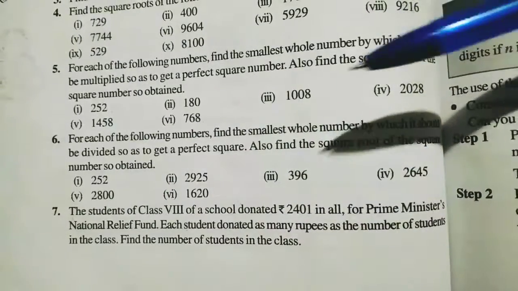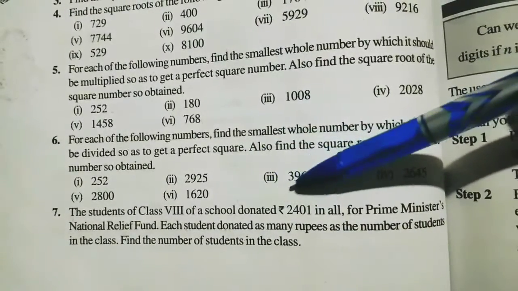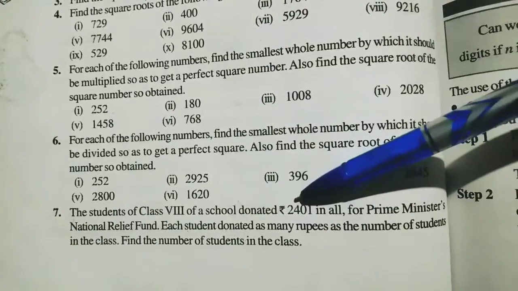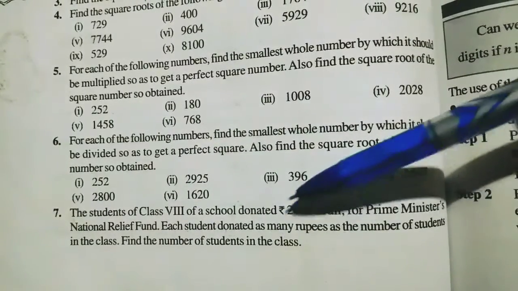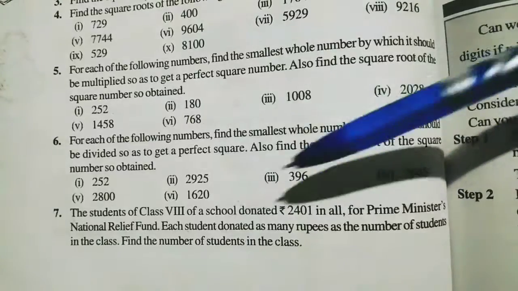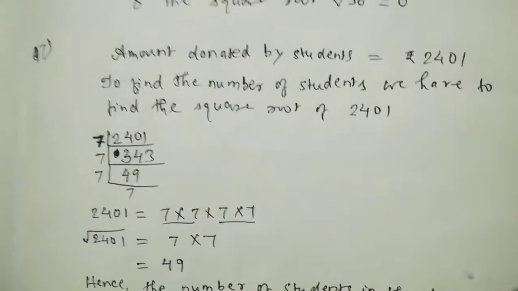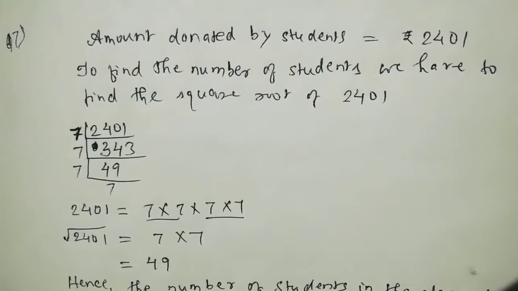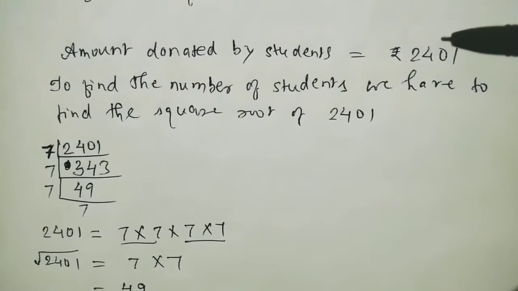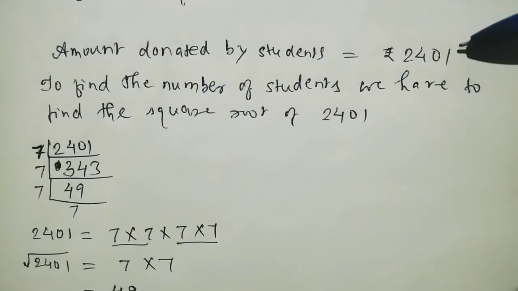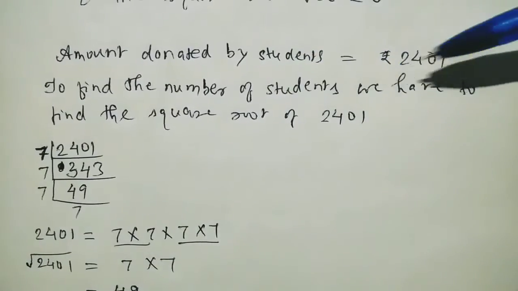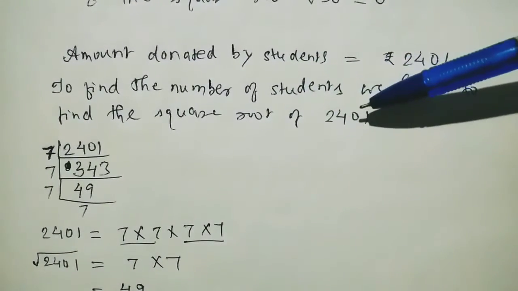So how to find this answer? Simple. To find the number of students in the class, you have to find the square root of this number. Then we will get the answer. Students, here you can see question number 7. The amount donated by students is rupees 2401. To find the number of students, we have to find the square root of 2401.